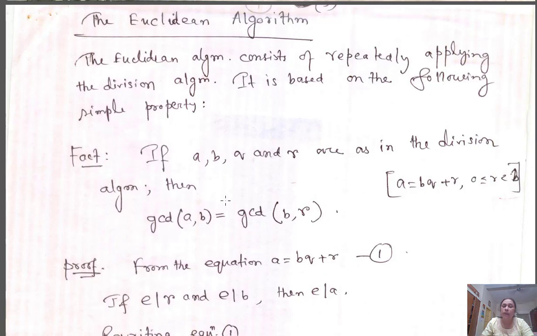Divide A by B, whatever remainder you get becomes the divisor, and you divide B by that R. That way, ultimately you get 0. When you get 0, the divisor from the step before that is your answer, the GCD. So you know the working procedure, but why does it work?